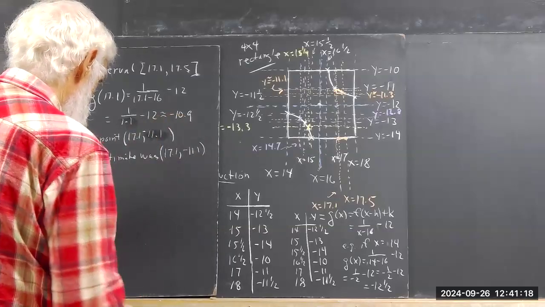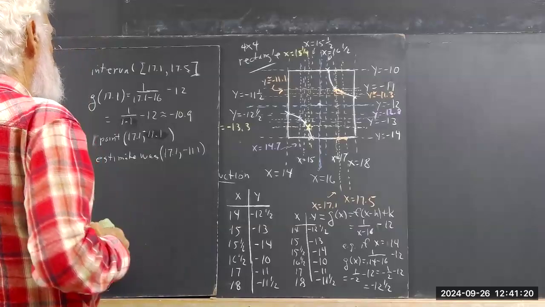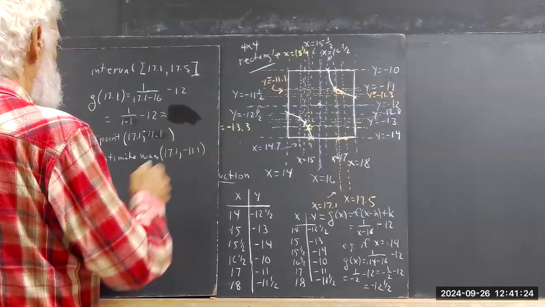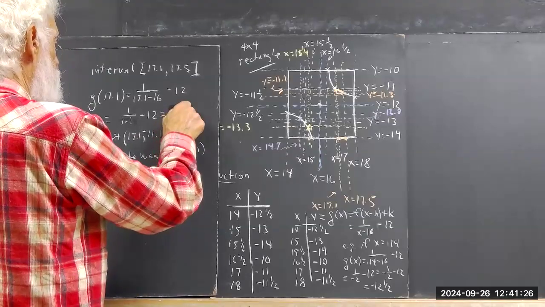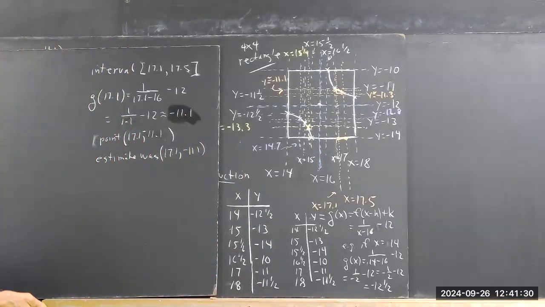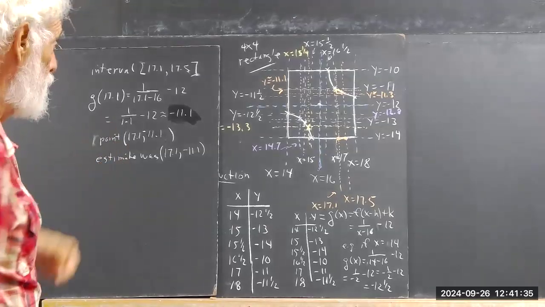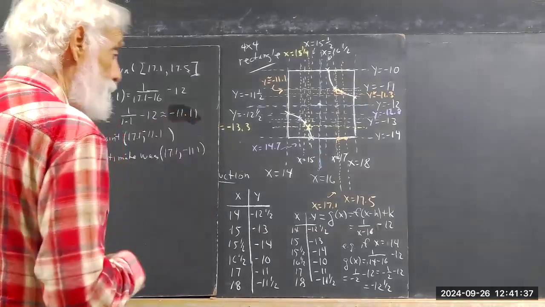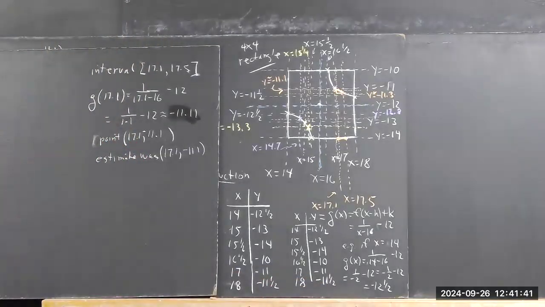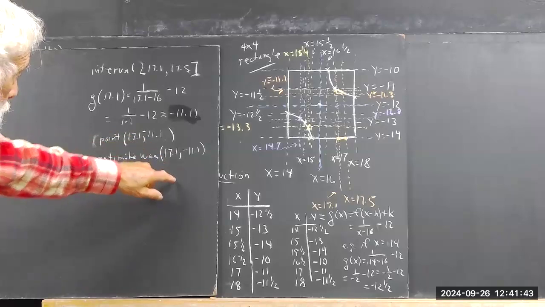And of course, this calculation, 1 over 1.1 is very close to 0.9. There's no doubt that this is negative 11.1 to a single decimal place. Now it's actually negative 11.0909. And there's more. I repeat, you can check that out.